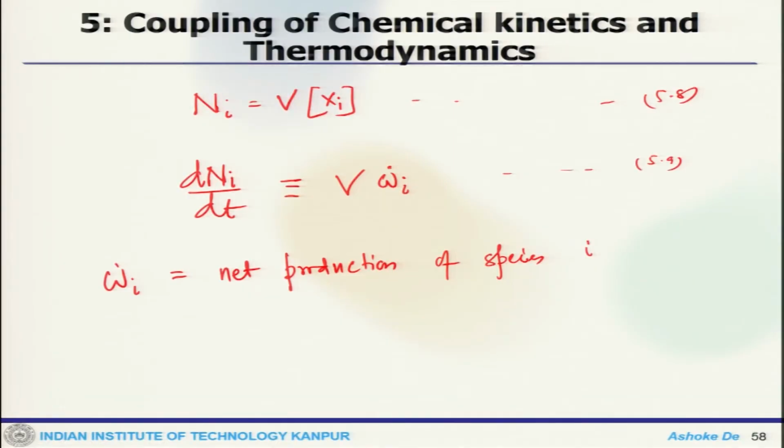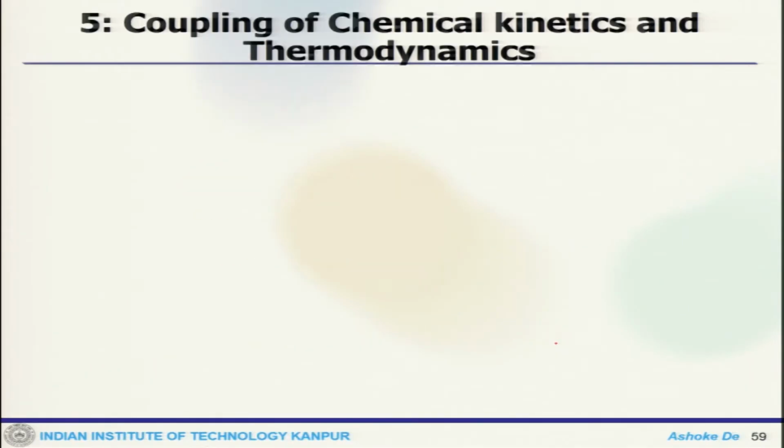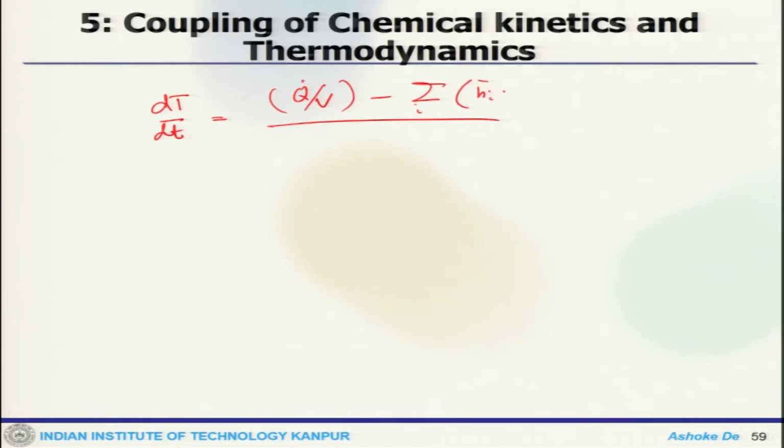Now, once we substitute 5.7 and 5.9 into 5.6, what we get is dT/dt equals q dot by V minus the sum over i of h_i omega dot i, divided by the sum over i of Xi Cp_i bar.